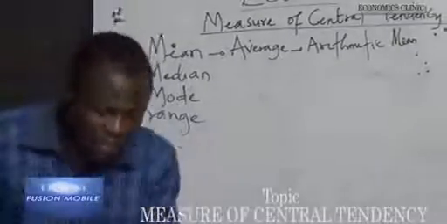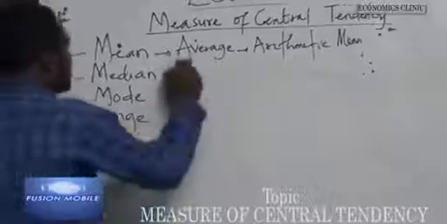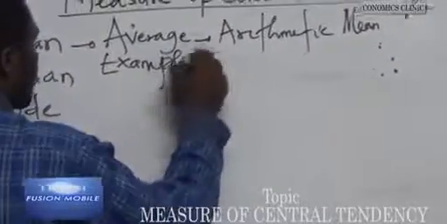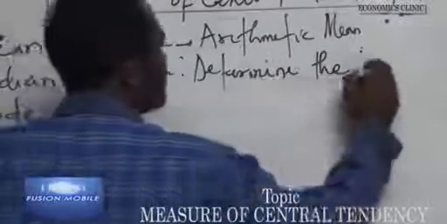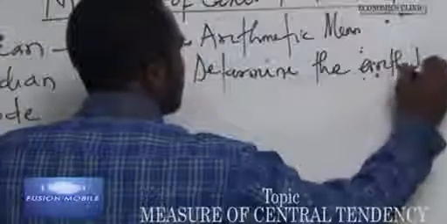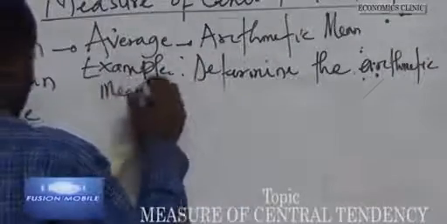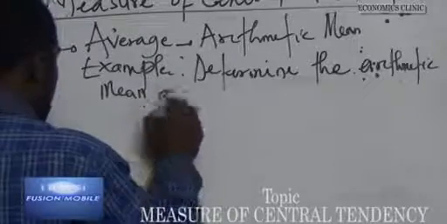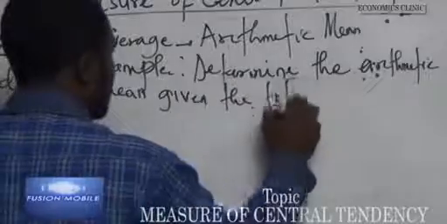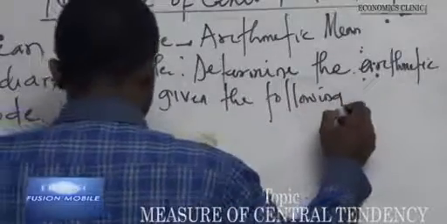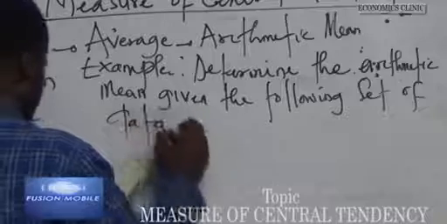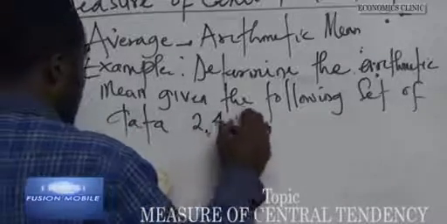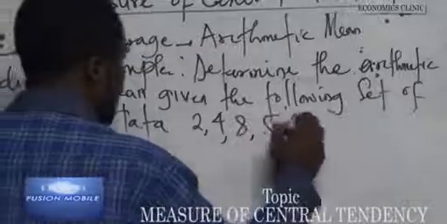An example is given as thus. Example: determine the arithmetic mean given the following set of data: 2, 4, 8, 5, 6.